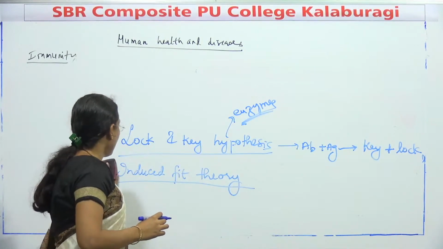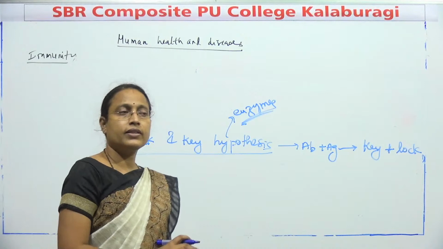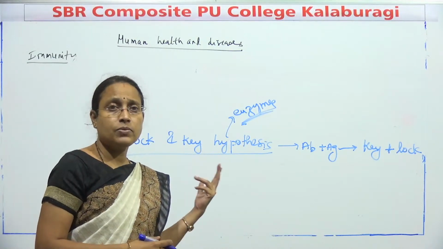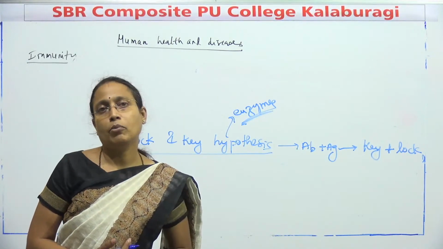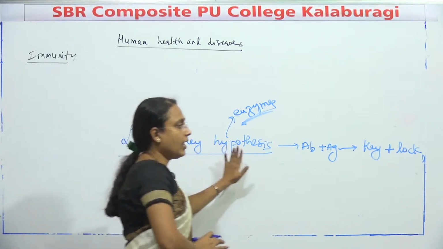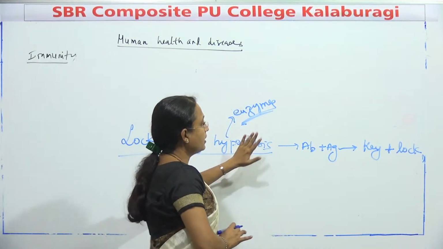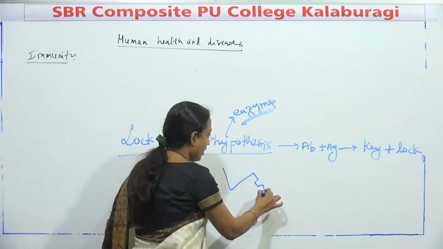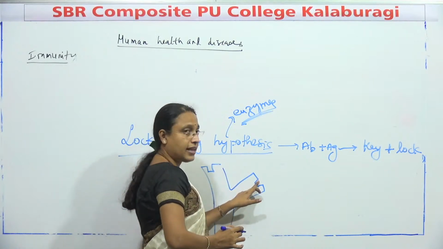But I don't want to take the induced fit theory, because induced fit theory is for enzyme-substrate interaction, but it is not applicable for the antigen-antibody reaction. So I stick to the lock and key hypothesis. Suppose this is the antibody and this is the antigen binding site.